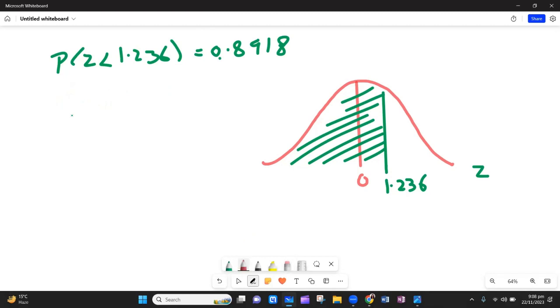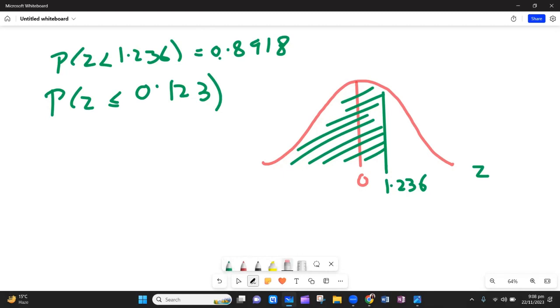Okay, let's do another such example. Probability Z is less than or equal to 0.123. It doesn't matter if it's less than or less than or equal to, because this distribution is continuous.